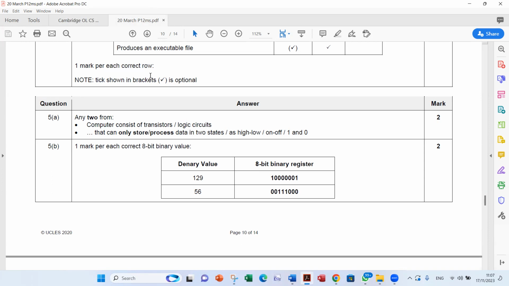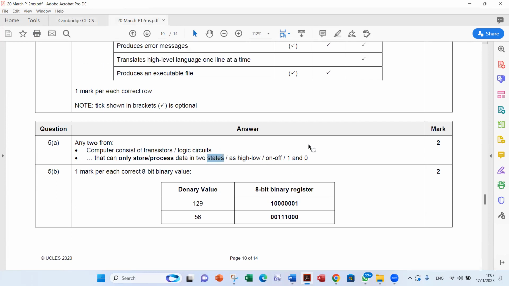I'm just making use of it and teaching it to my students. So the computer consists of transistors and logic circuits that only store or process data in two states, as high or low, on or off, 1 or 0, and that's why the computer can only deal with binary numbers. Please copy this.